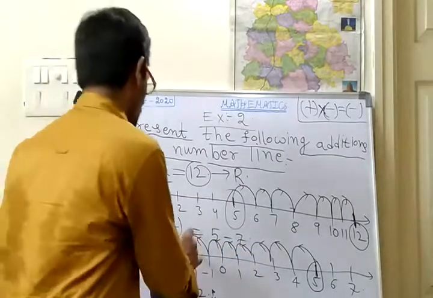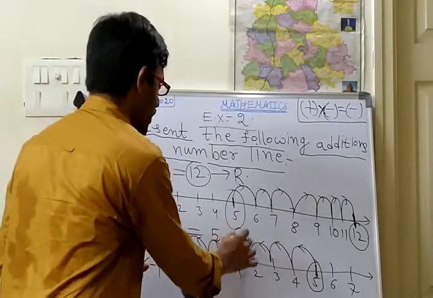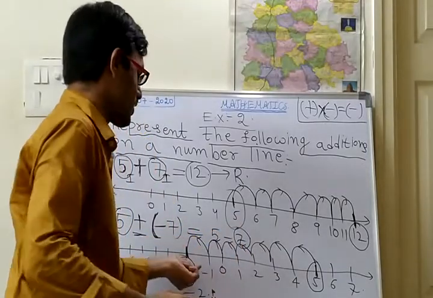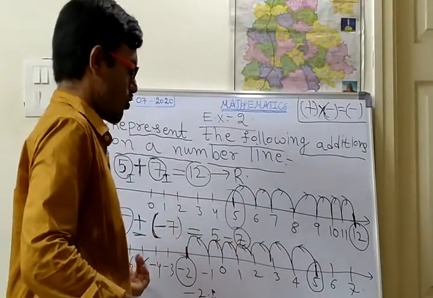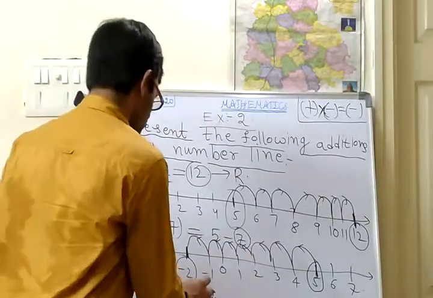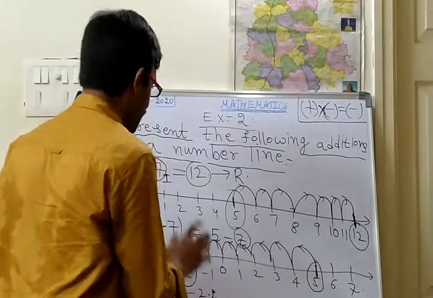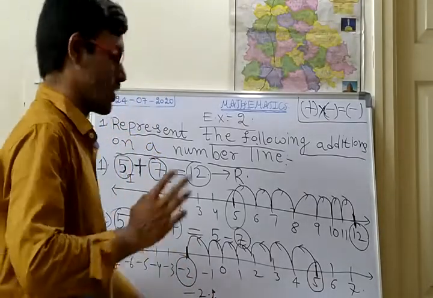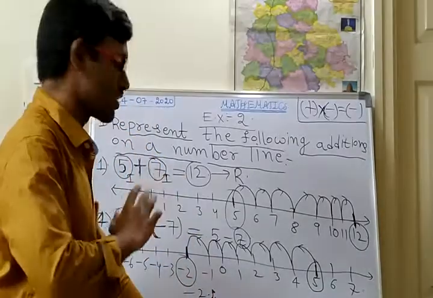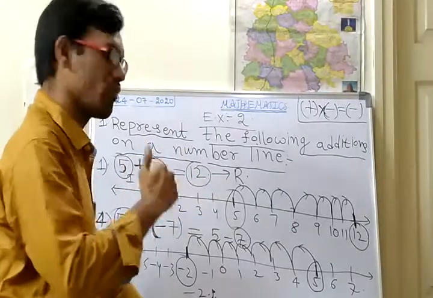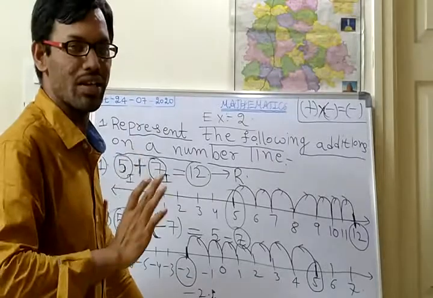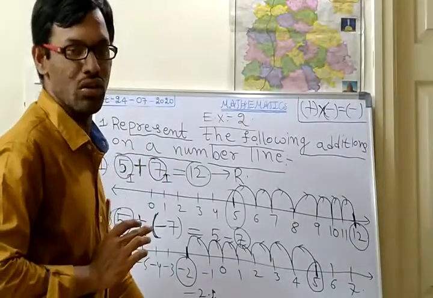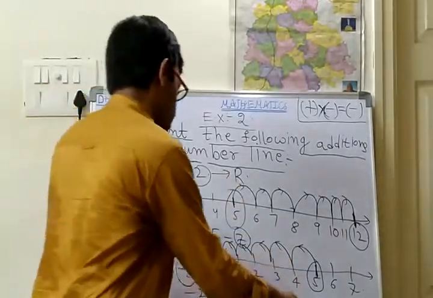And you should count those many numbers without leaving any numbers. Like this you have to do addition of integers, addition of positive integers and addition of negative integers. I think you might be understanding this bit very easily. Okay, so next we shall go with the next bit.